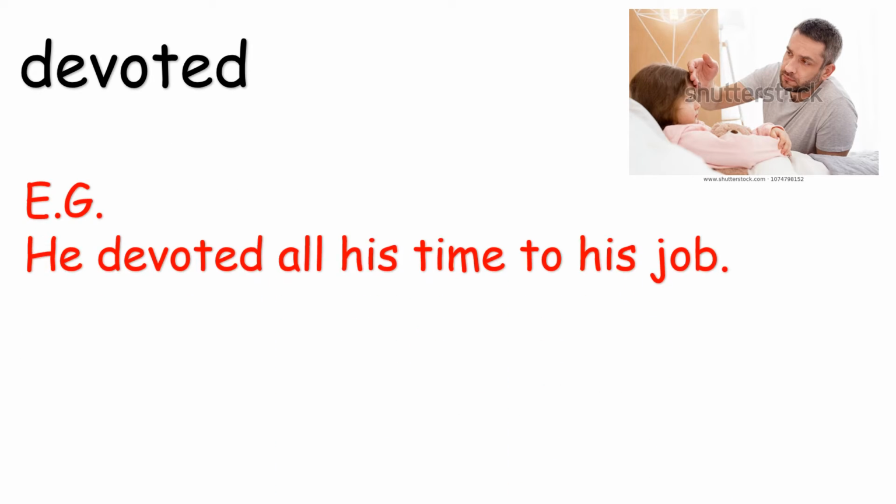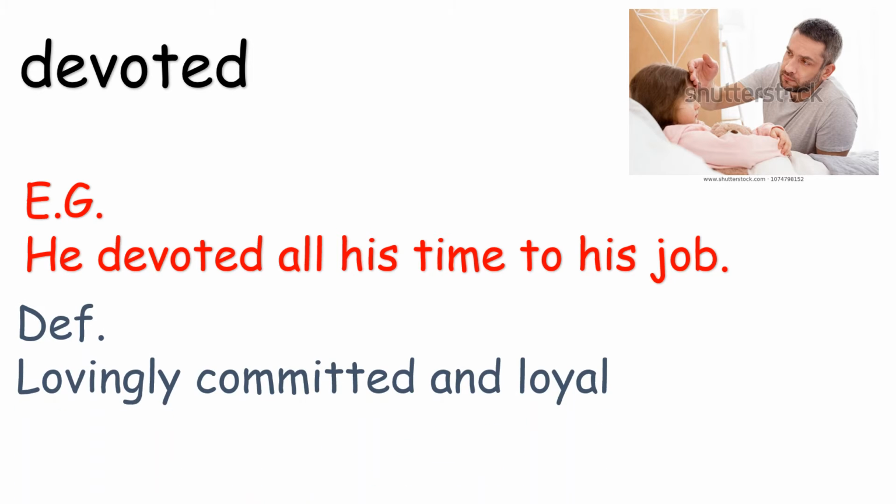Okay, look at this picture. It's devoted. He devoted all his time to his job. But in this picture, the father devoted his time to his daughter. The definition of devoted is lovingly committed and loyal.